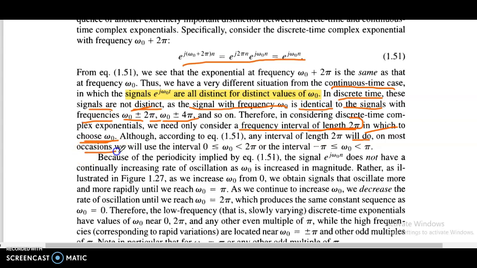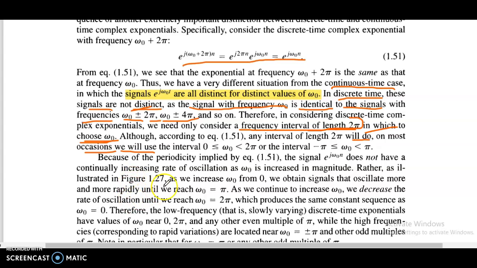On most occasions we will use the interval 0 ≤ ω₀ < 2π, or the interval −π ≤ ω₀ ≤ π.